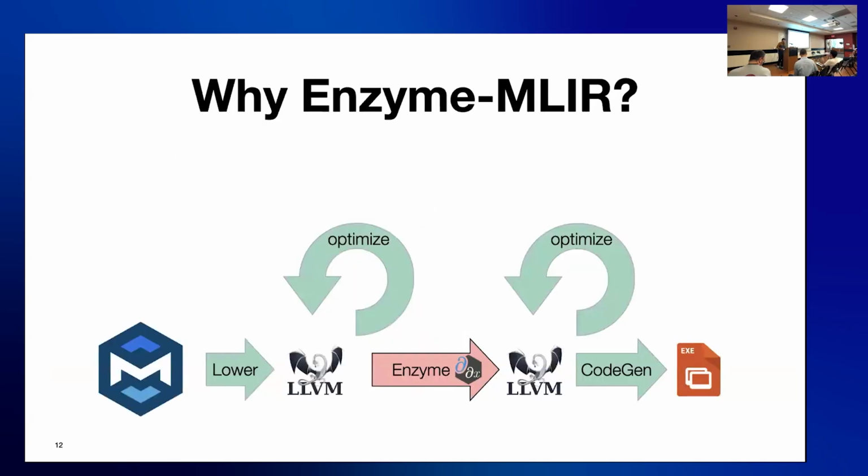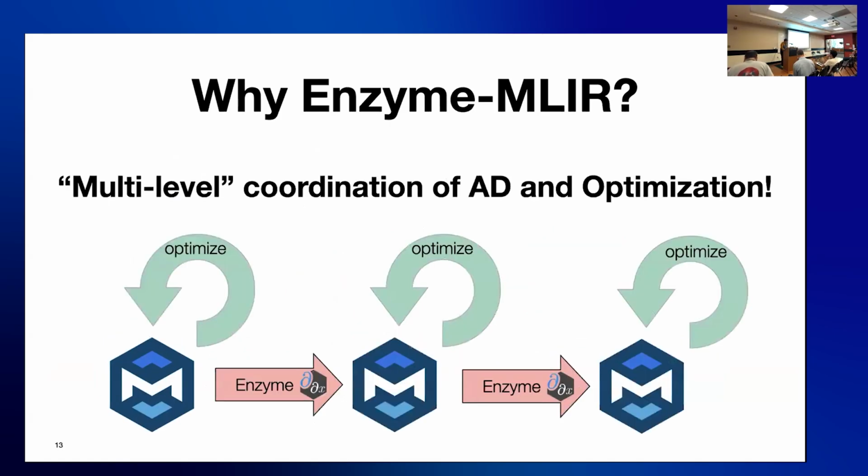The question you might ask is, why do we need Enzyme MLIR when you could also consider MLIR as a front end? You could lower it to LLVM and just be happy with the traditional Enzyme approach, right? You still get LLVM's compiler optimizations already baked into Enzyme. The difference here is in MLIR, because you as the user define your dialect and optimizations, you want to be able to run those optimizations on the derivative code too, or before generating the derivative code.